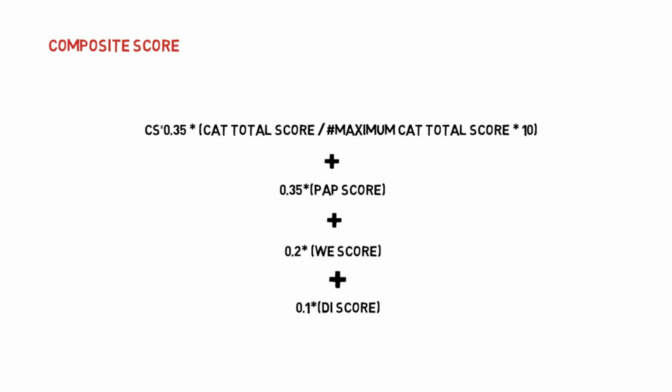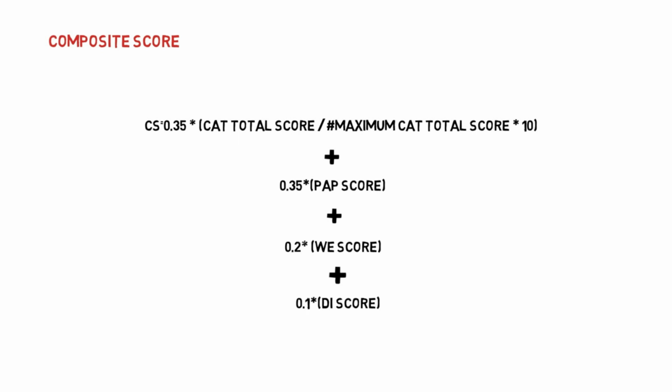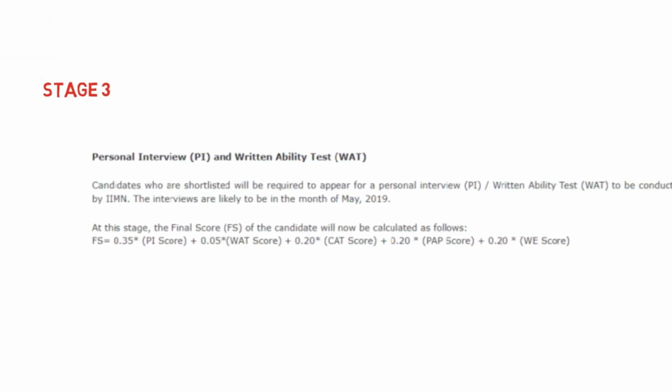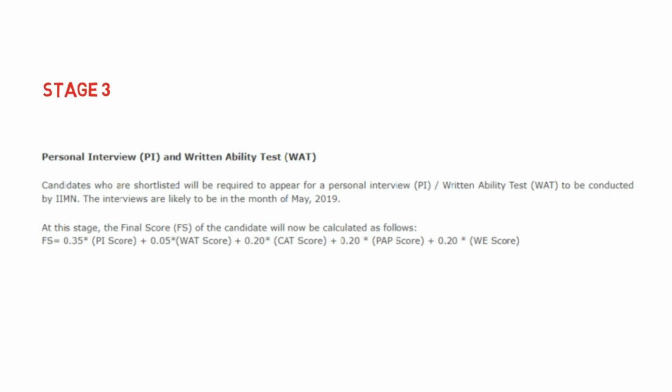Based upon the composite score, the eligible candidates are given a call for the personal interview and written ability test. So after getting a call, let's look at what stage 3 follows. As I mentioned before, based on the composite score, a candidate gets a call for PI-WAT.